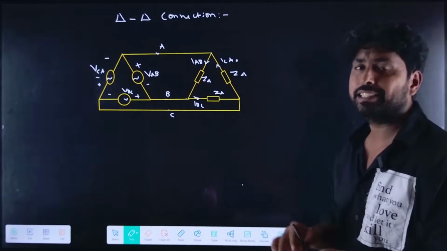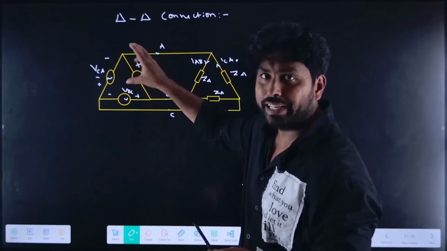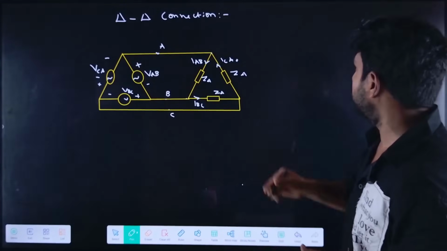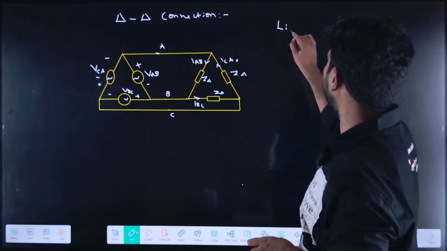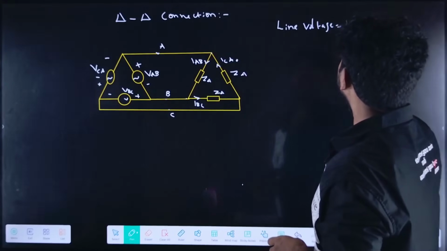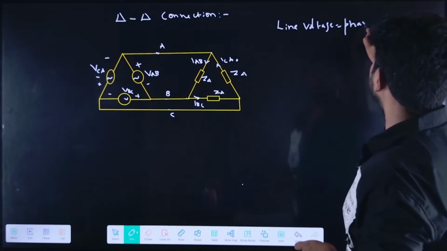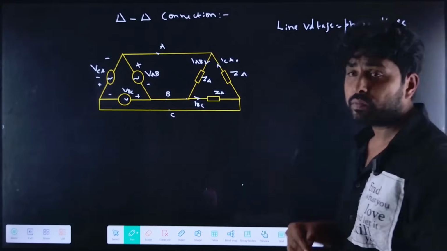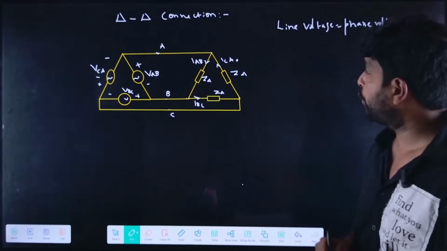It is a very easy circuit. In the case of a delta connected source, the line voltage is equal to the phase voltage.